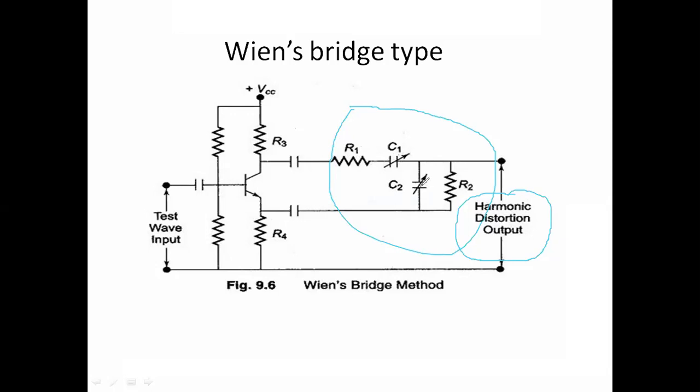We have to tune in such a way that the bridge is balanced. In such a situation, the fundamental frequency will be dissipated in this network, and we will get the output, which is the remaining harmonic components.